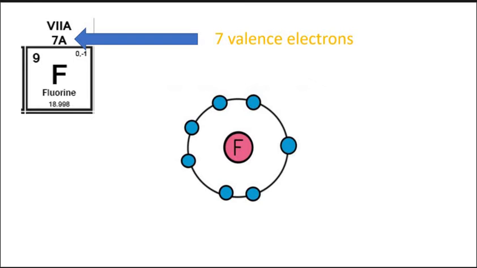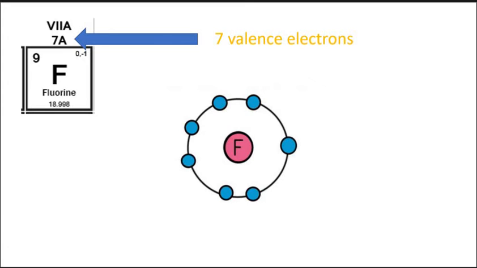Now, when doing this, I strongly recommend pencil, because you are going to need to erase and move things and rearrange things, and you don't want to try to be doing this with pen. So this is a single fluorine atom.